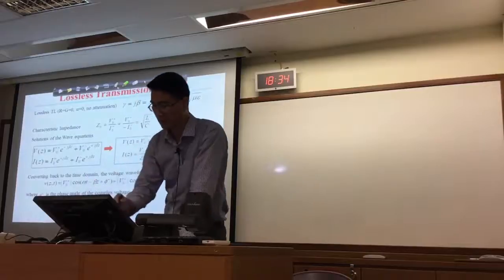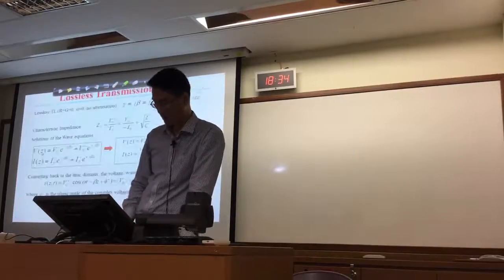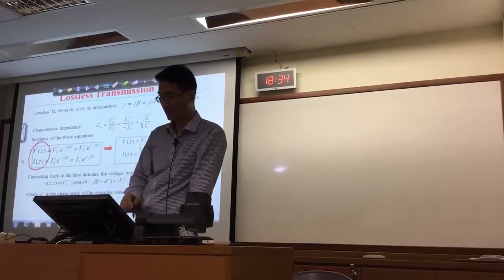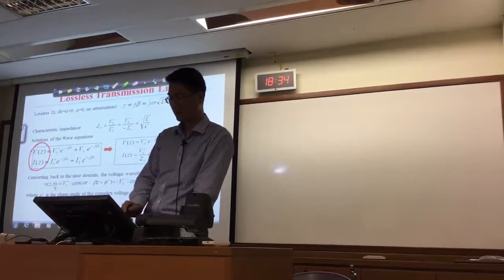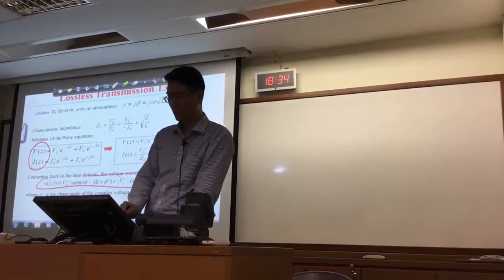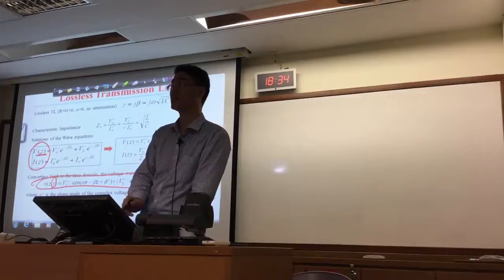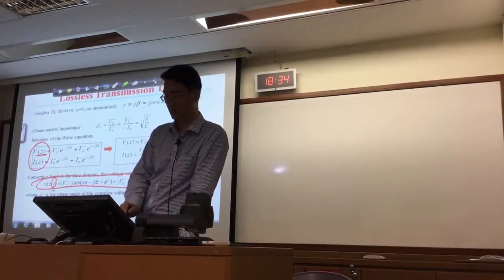As mentioned, this is in the frequency domain. Definitely you can convert back to the time domain. Right here, the time domain has the t. This without a t means the frequency domain. This means the time domain.